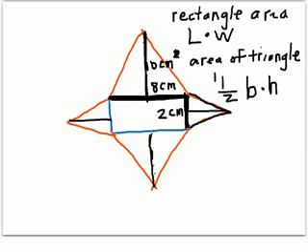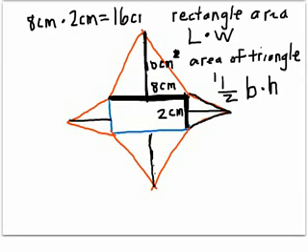So I know that the length of my box here is 8. And I'm going to multiply that by the width, which is 2. And that will give me the area of that rectangle, which is going to be 16 centimeters squared.